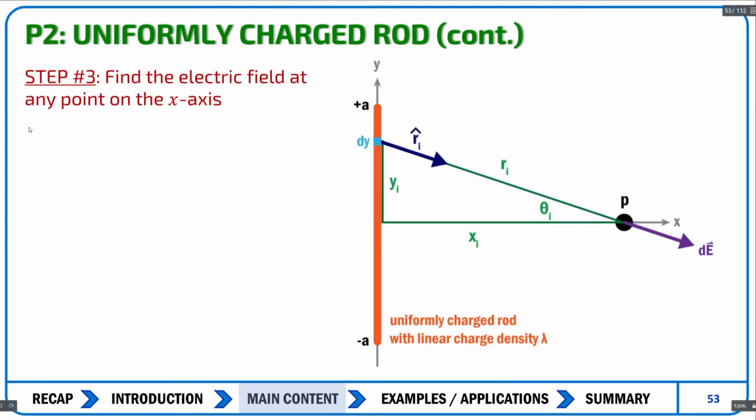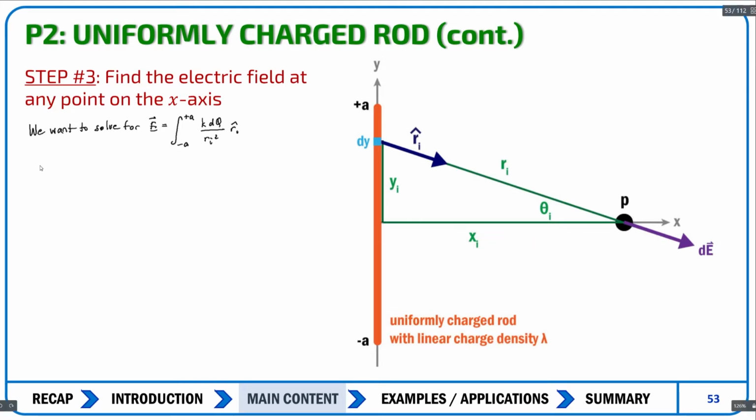So we want to solve for E is equal to the integral from negative a to positive a of k dq over ri squared ri hat. But we know k is a constant, and we also know lambda is a constant.